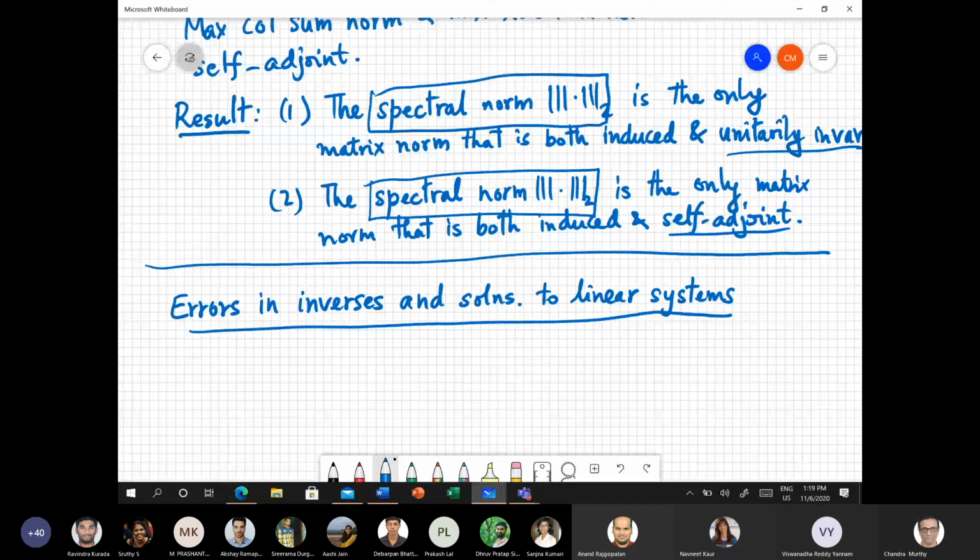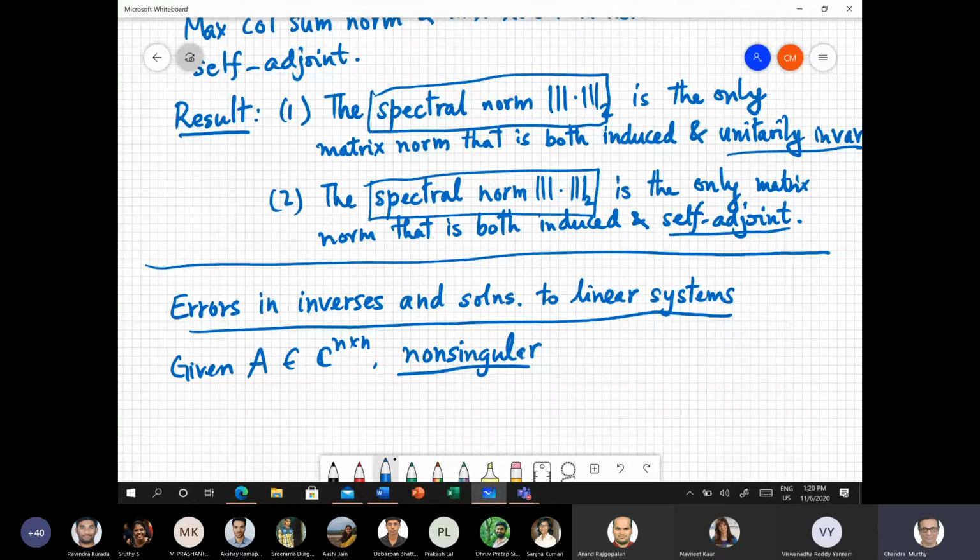So, given A in C to the n cross n, non-singular. So pay attention to this. This is important. I'm starting out by assuming that the original matrix I wish to invert is actually non-singular, and that's why I'm brave enough to try to compute its inverse. And we wish to compute A inverse.